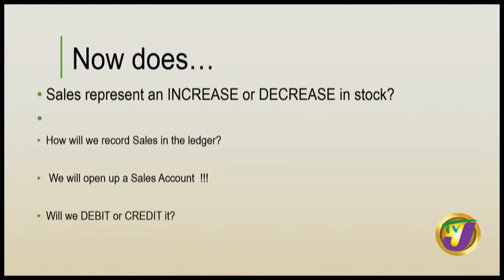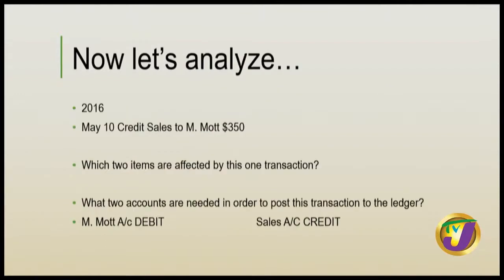Stock is an asset. Whenever there's a decrease in asset, what should we do again? Credit. Good. So we would credit the sales account. And another thing is that sales is our revenue, and we're increasing in revenue, so we would credit the account, but that's for another lesson. Let's look at it now from the perspective of stock. All right? Stock account.